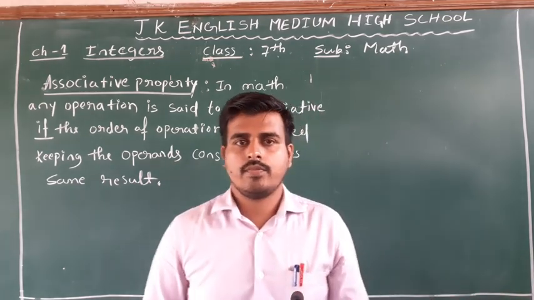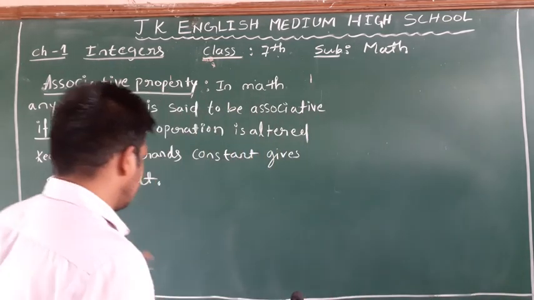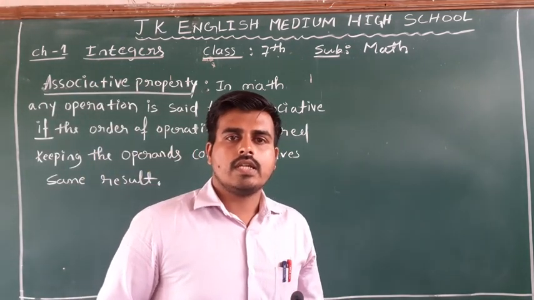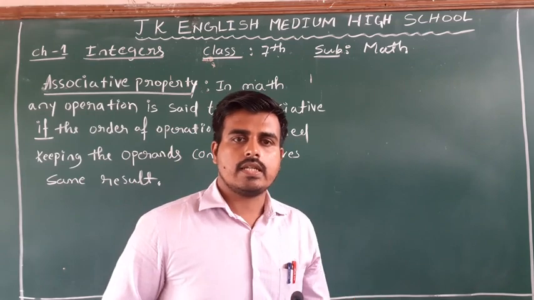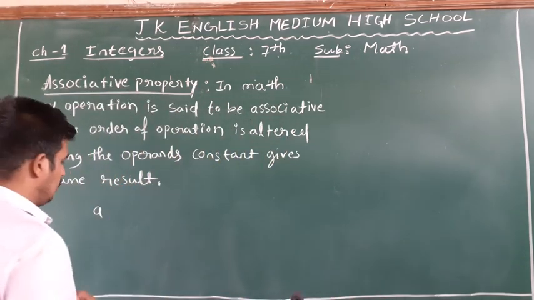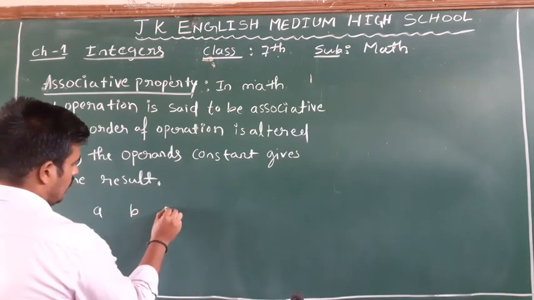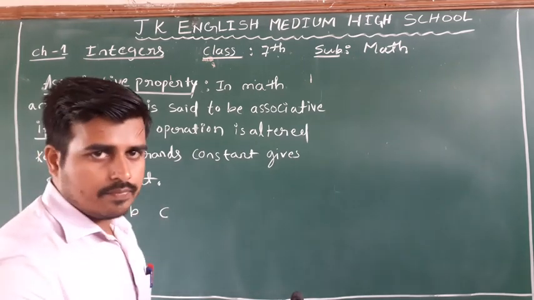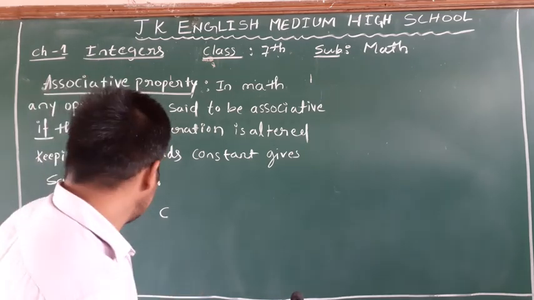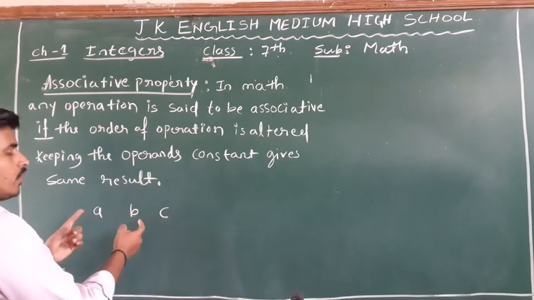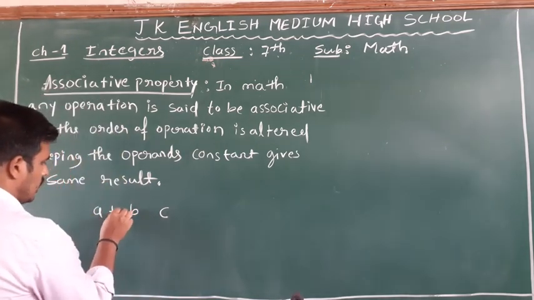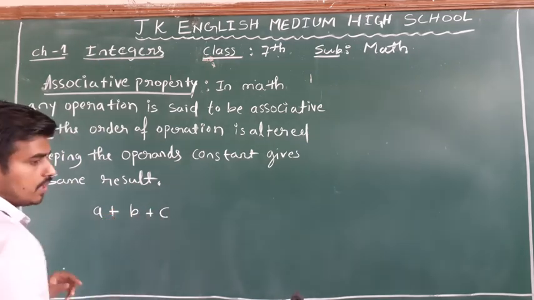For example, actually we need 3 integers here, therefore I will take the letters A, B and C. Suppose we have 3 integers A, B and C. A, B, C are known as operands, and what is going to happen in between these operands is known as operation. Suppose addition is there, here also addition is there.